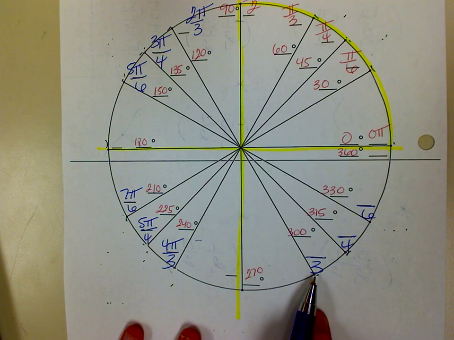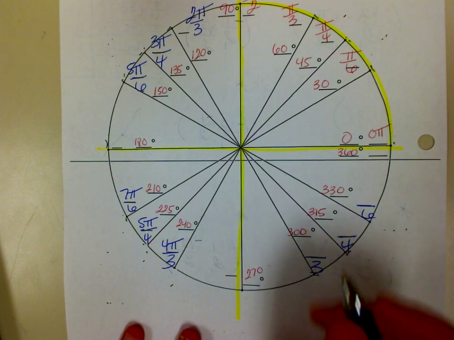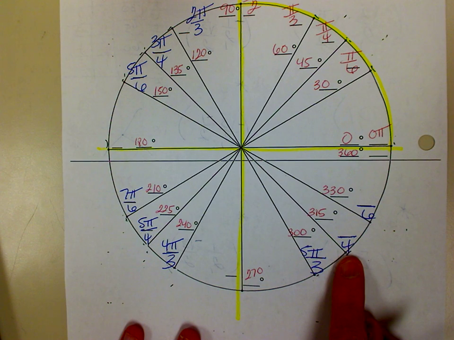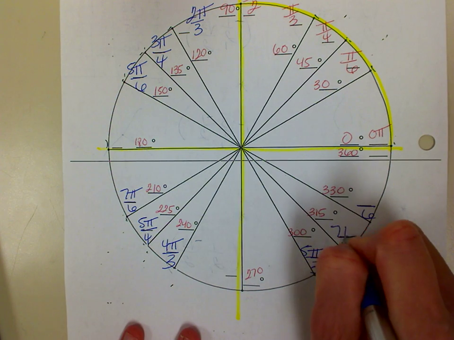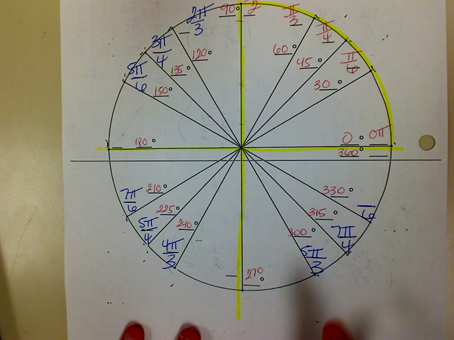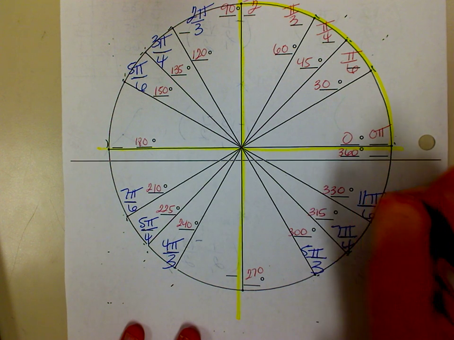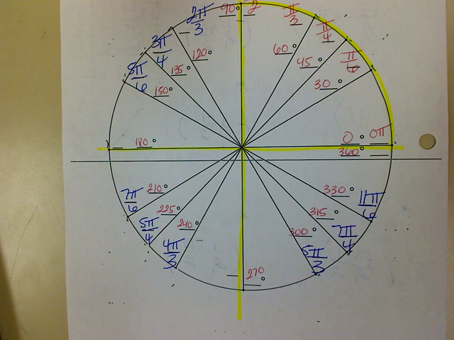Okay, in the fourth quadrant, we're going to do 2 times the denominator minus 1. So 3 times 2 minus 1 is 5 pi over 3. 4 times 2 minus 1, that's 7 pi over 4. 6 times 2 minus 1, that's 11 pi over 6.